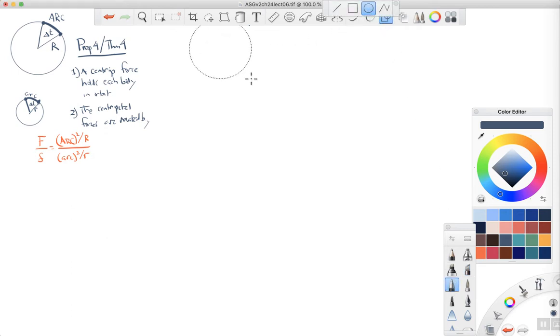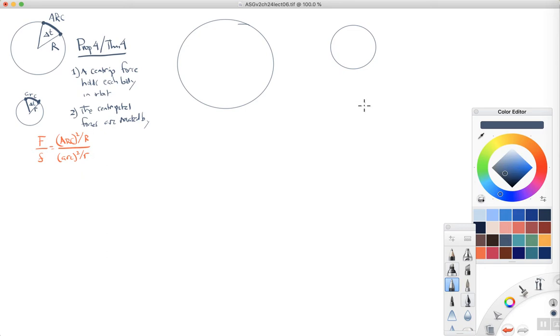Let me draw one circle, a big circle right here, and a small circle right here. That'll make my life a little bit easier. And now I'll go back to my regular marker. Okay, so I have those two circles, and let's draw some lines on these circles. You'll see why I'm doing this in a moment.